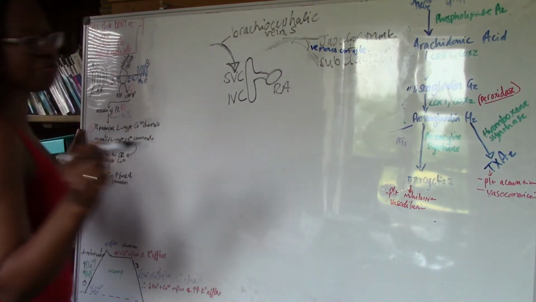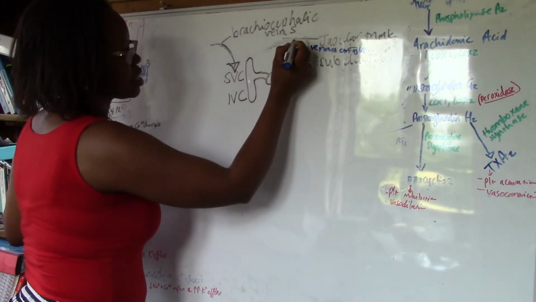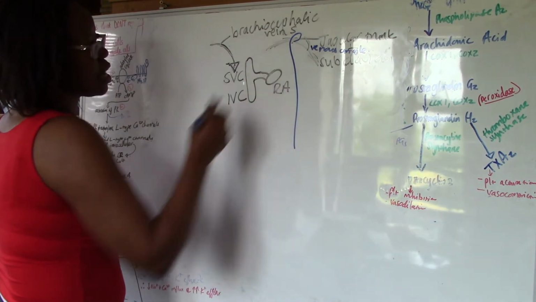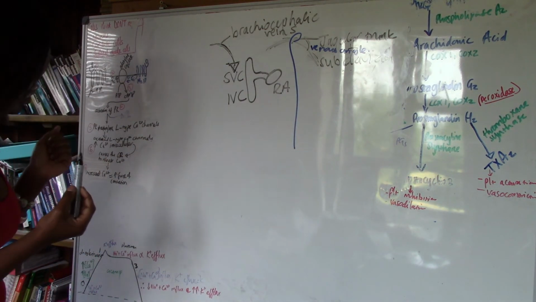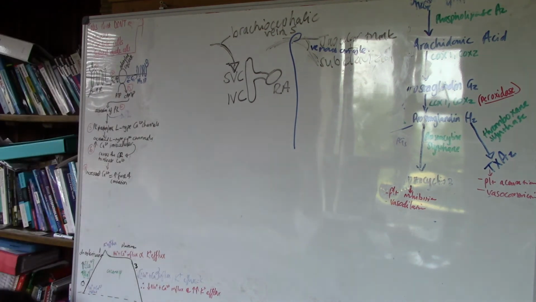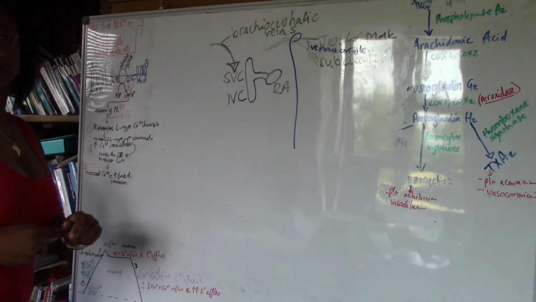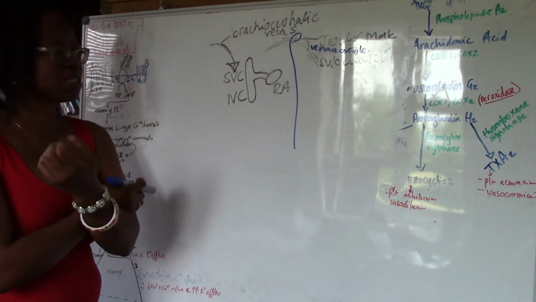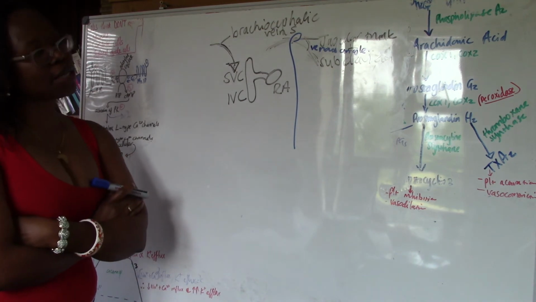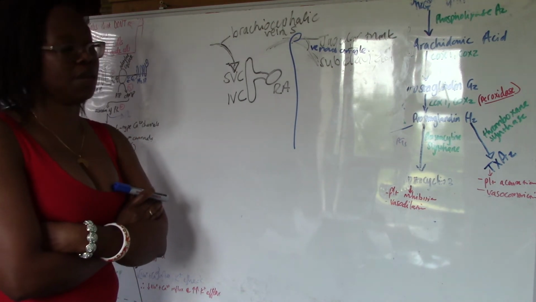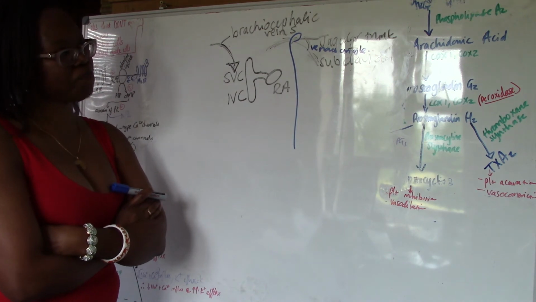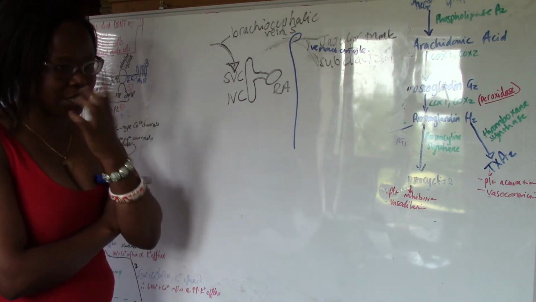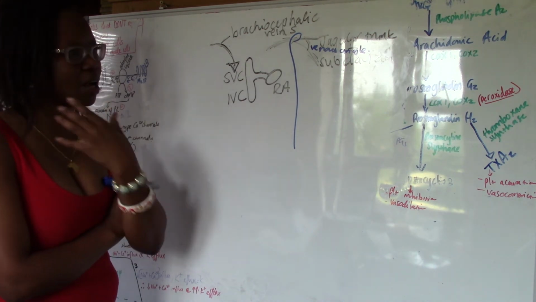And the importance of the venous angle really is that it's where the thoracic duct enters the venous circulation, and the thoracic duct is more like a lymphatic system which collects all the fats, lipids that we consume in our diet, and it collects them from the GI system, from the small intestine.